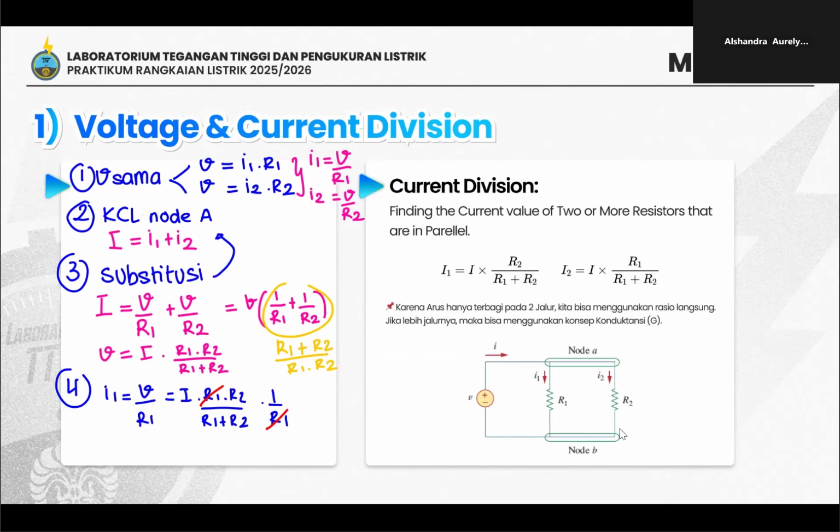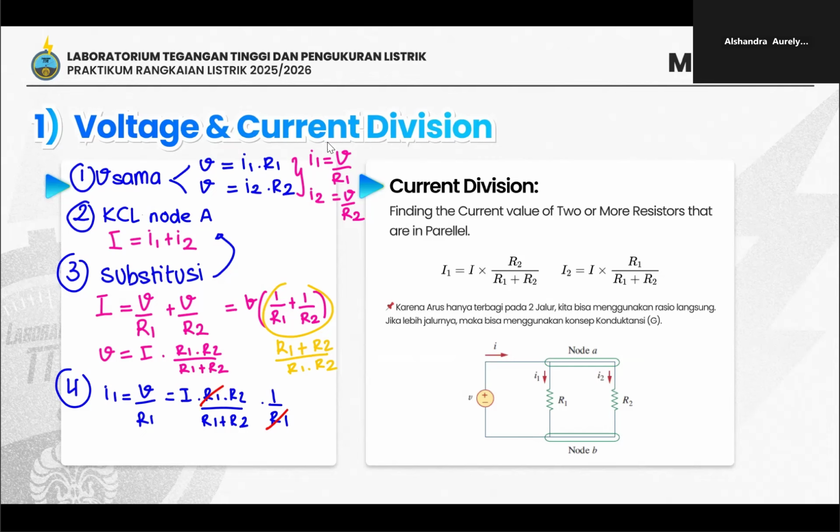Current wouldn't have the same value when they are in parallel, but the voltage across resistor 1 and resistor 2 is going to be the same. So we can assume that V is the same. If we multiply I1 by R1, it's going to be the same value as I2 multiplied by R2, because the voltage value is the same.